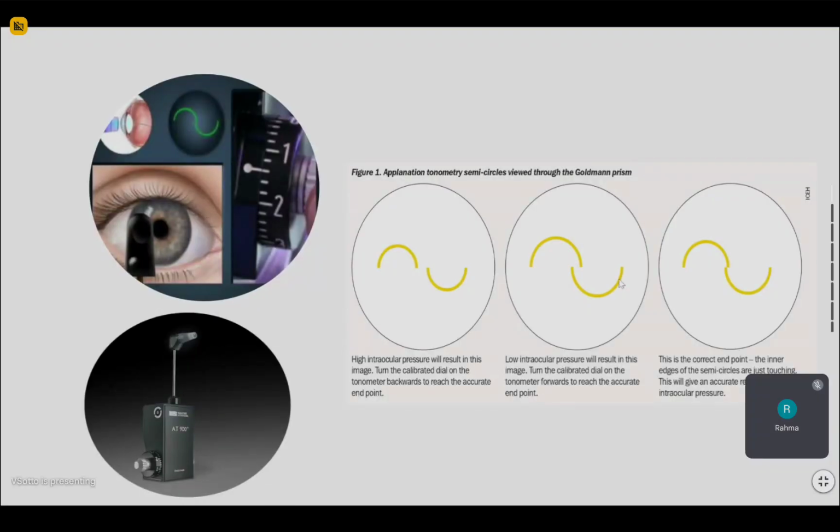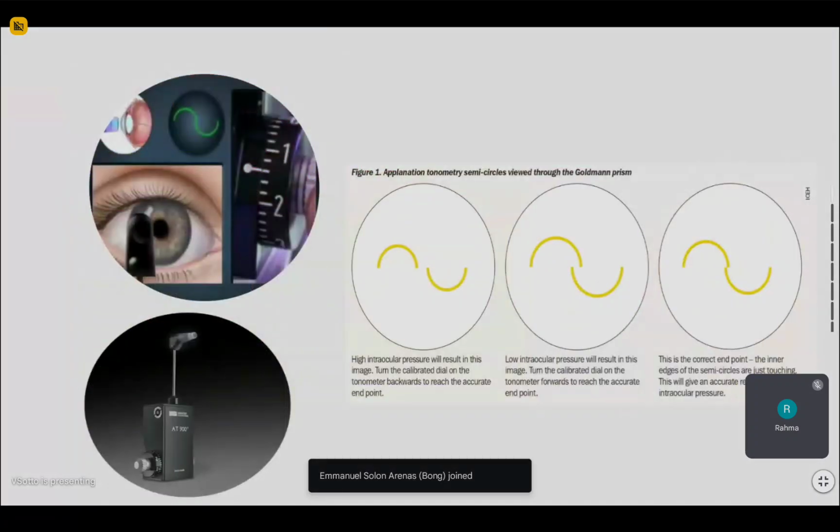The inner edges of the semicircles should just be touching each other, not too far from each other, and not overlapping, just touching.